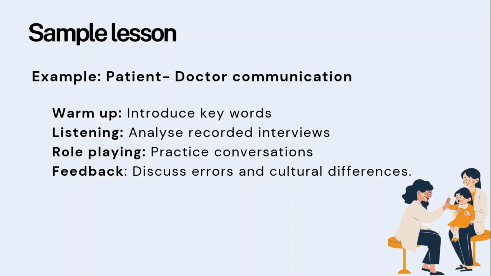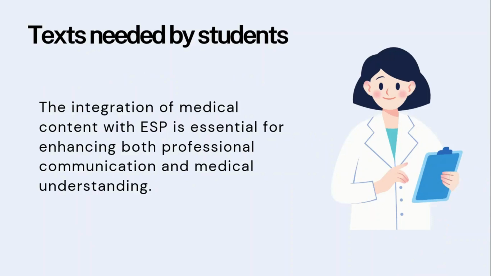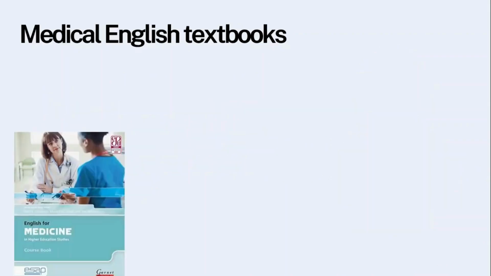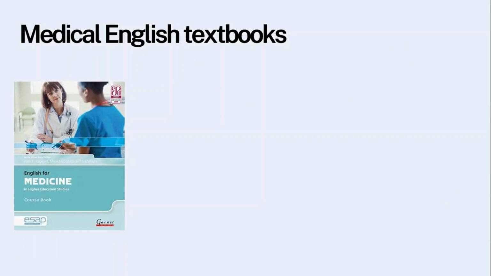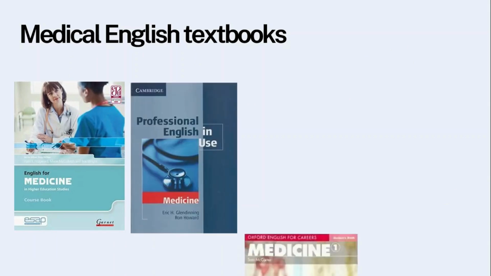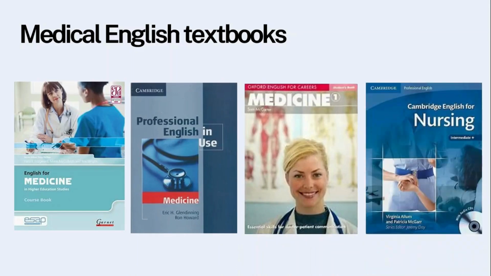While teaching models provide the structure for effective learning, textbooks play a crucial role in equipping students with necessary knowledge and skills. Let's now look at some key textbooks that are designed specifically to help medical students master medical English. As we said, textbooks play a significant role in learning medical English by combining language skills and medical knowledge.